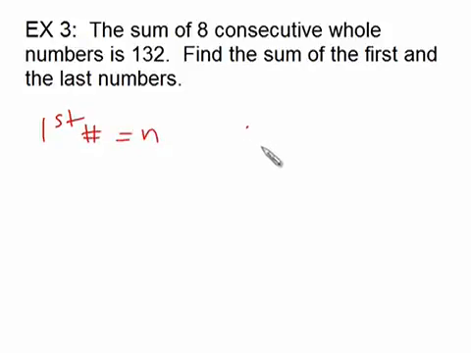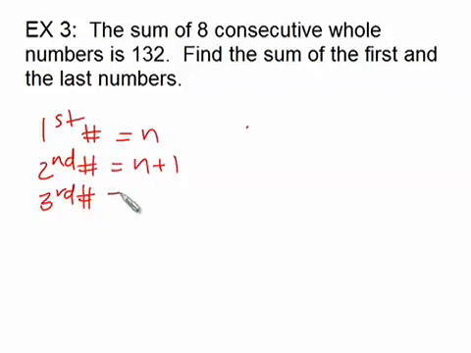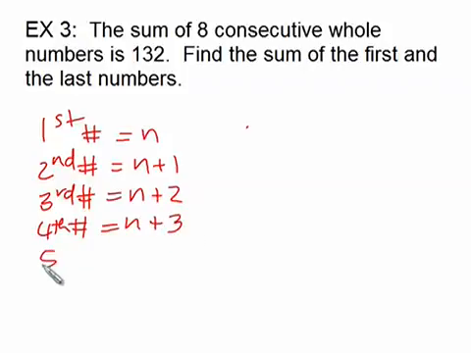After that, each consecutive whole number is 1 away from the previous number. So we can keep adding 1 to each unknown to get the next unknown in our sequence. So our second number will be n plus 1. Our third number will be n plus 2. Our fourth number will be n plus 3.